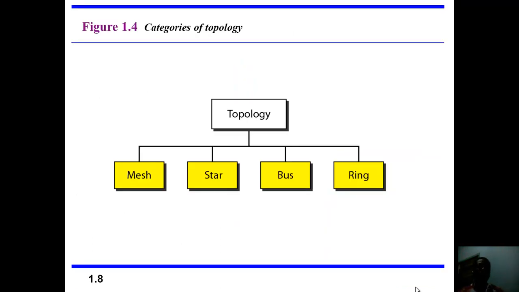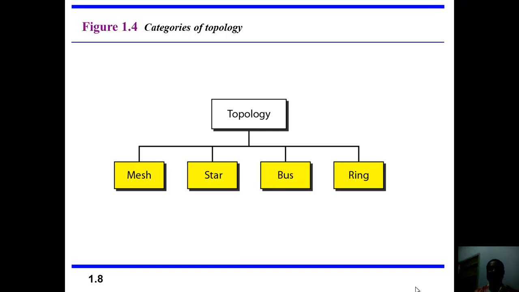So let's look at what we call network topologies. A topology is simply the arrangement of the devices on a network, the arrangement of the computers and other devices on the network. The most common ones that we know are the mesh, that is when each computer connects to the other, the star, where you have a central point, the bus, and the ring.